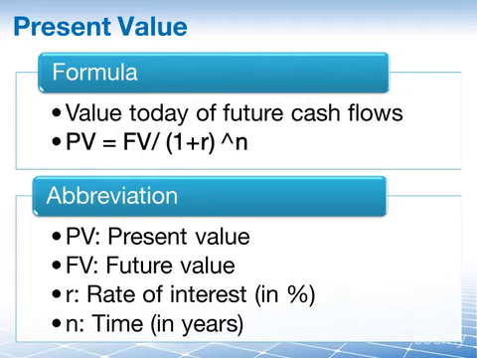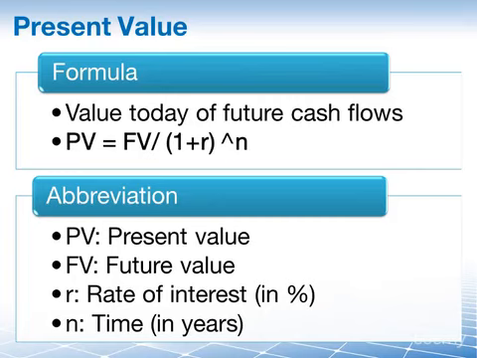You use n equals 1 as your time period is only 1 year in our original example of me giving you $100. And as you can see in the abbreviations there, we have PV, which is present value. And please don't confuse this with the planned value, which is part of earned value management. PV, present value, and PV, planned value, two totally different concepts.